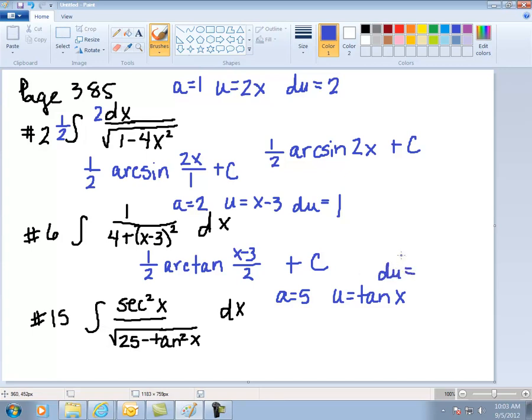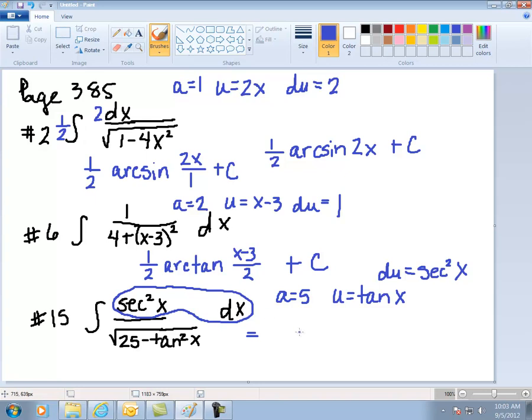Recall that the derivative of the tangent of x is just equal to the secant squared x. And that's good for me because notice here that I now have my du right here, secant squared x dx. So this is going to match up with formula 18.